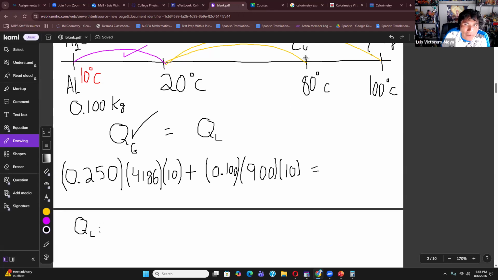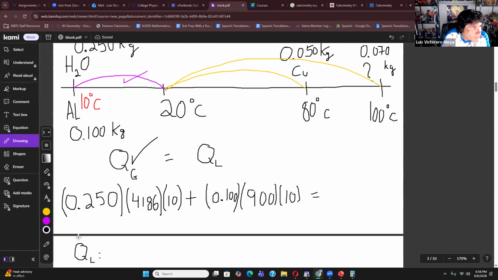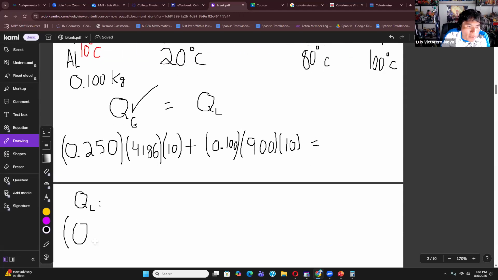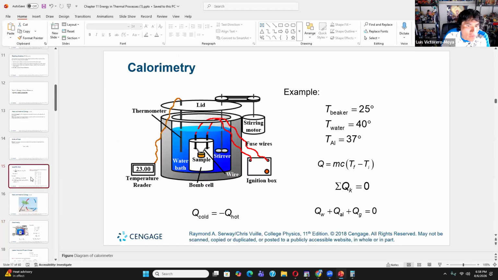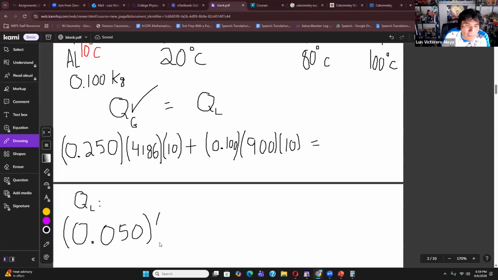Q lost here. So now let's do copper. What's the change in temperature of copper? 60. So 0.050. Copper, 387. All right. So 387.